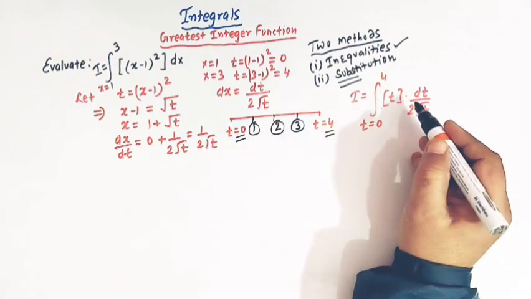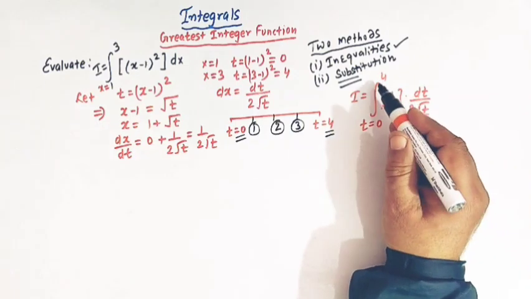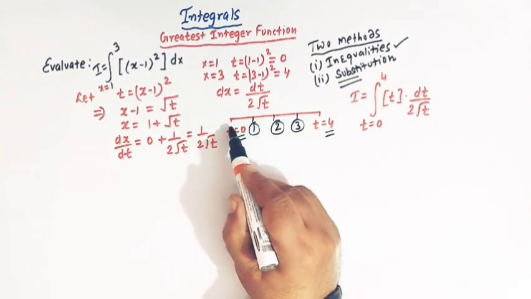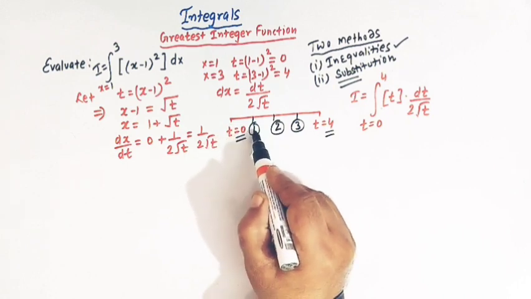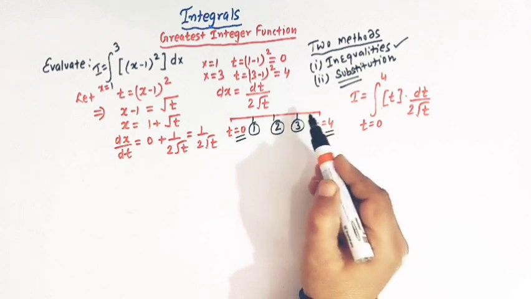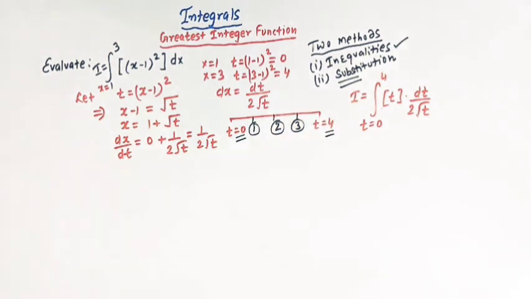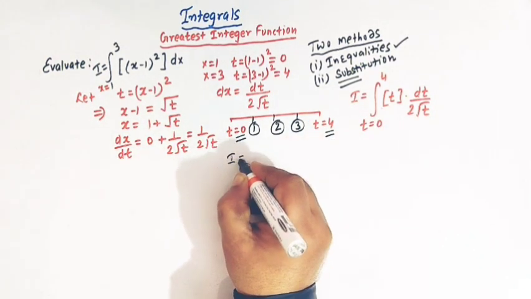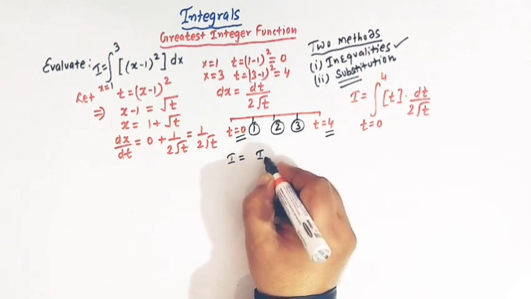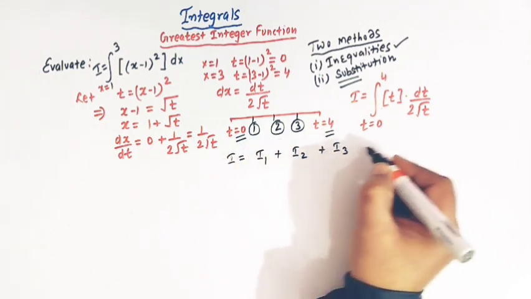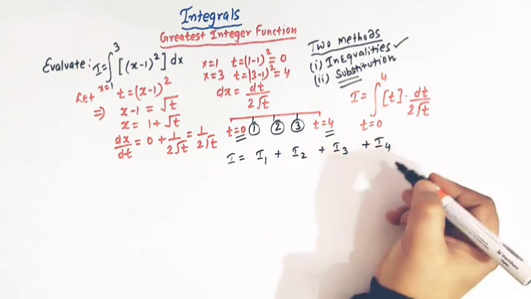So we'll split this integral into four integrals: first from 0 to 1, second from 1 to 2, then from 2 to 3, and then from 3 to 4. Now we can write this integral I as I1 plus I2 plus I3 plus I4.